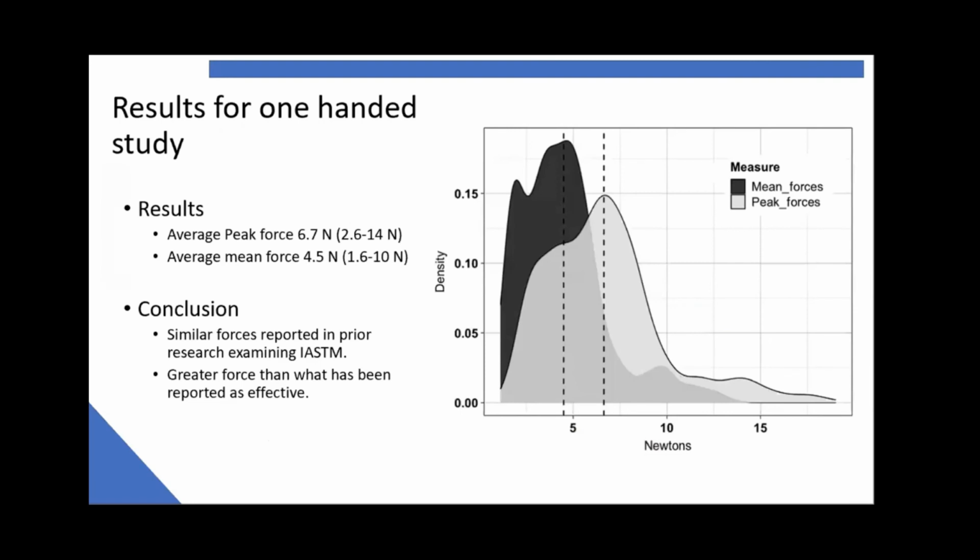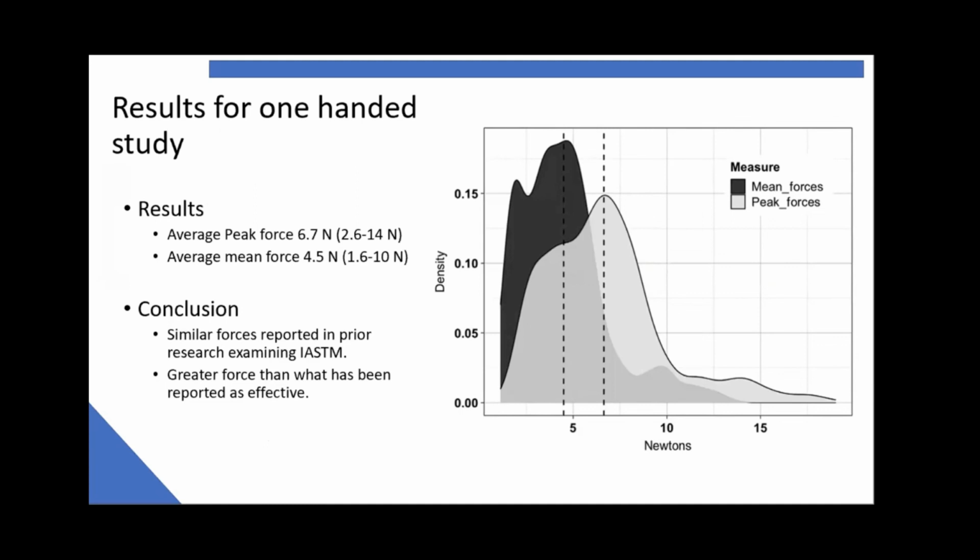So in the one-handed study, the average peak force produced by our sample of trained clinicians was 6.7 newtons, and the average mean force was 4.5 newtons. The conclusion there was that in this study, there was a wide range of forces for researchers to examine when assessing different ISTEM force applications on patient outcomes.